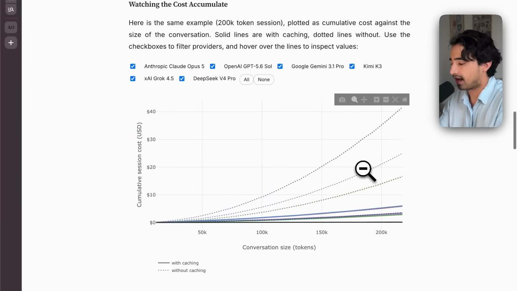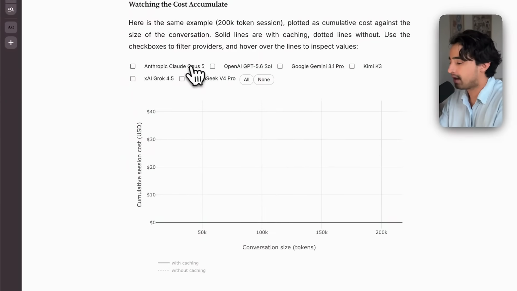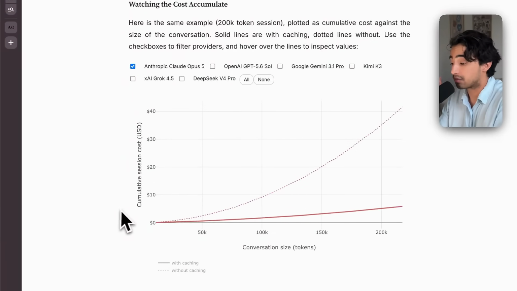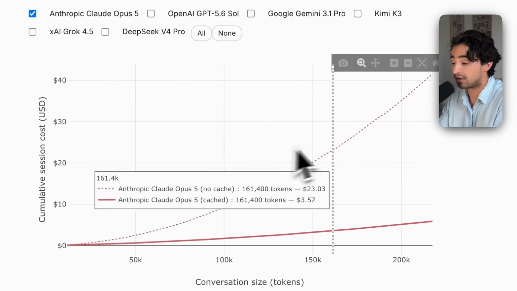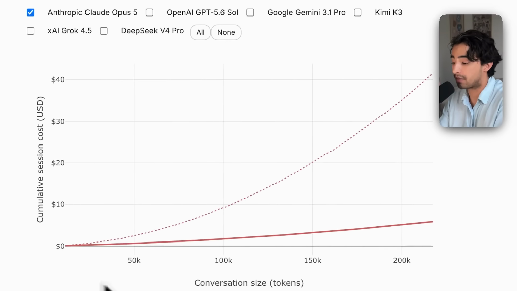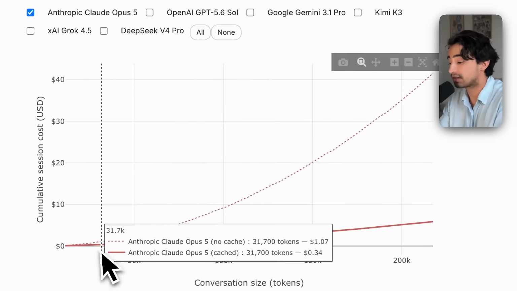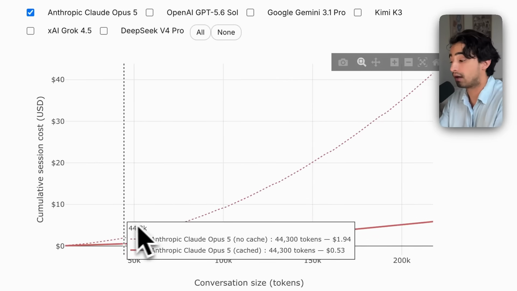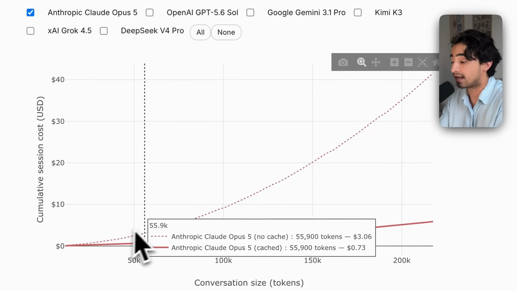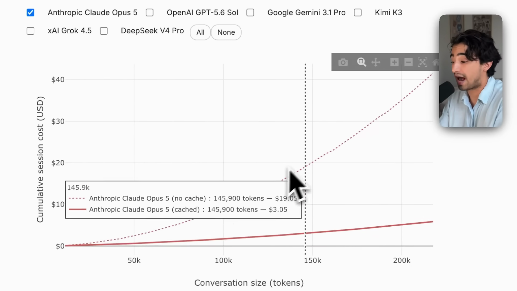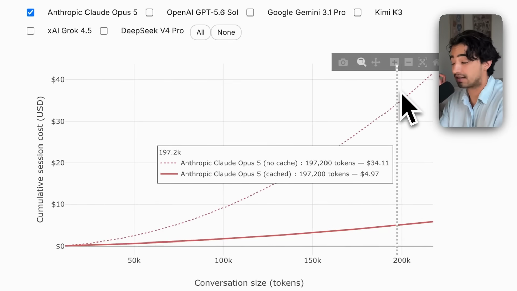And here's another plot that I wanted to show you. Here you have the price per session. On the x-axis you have the number of tokens in the session. As your session grows, if you don't use prompt caching, the price is going to go exponentially up as your session context grows.